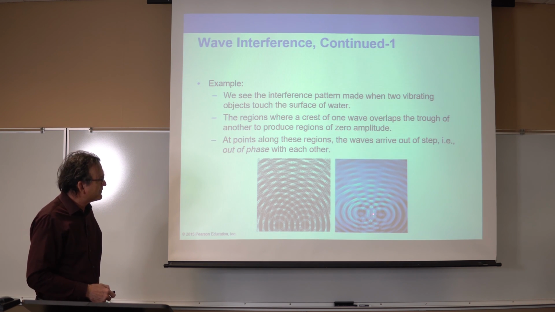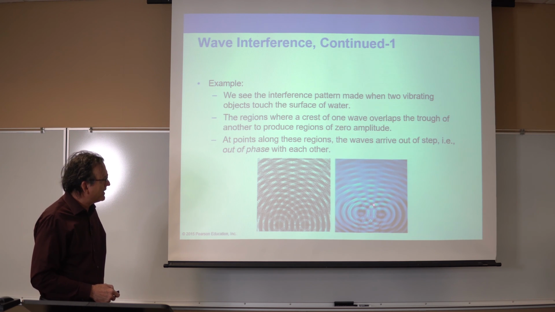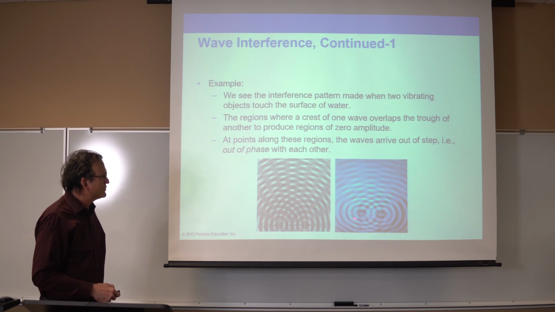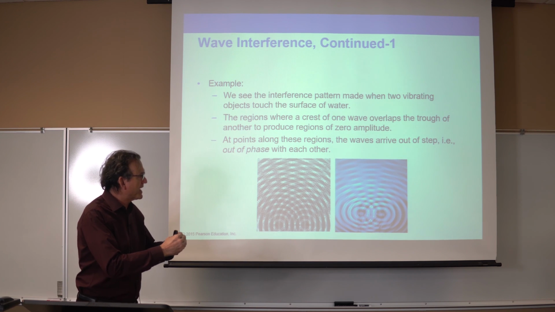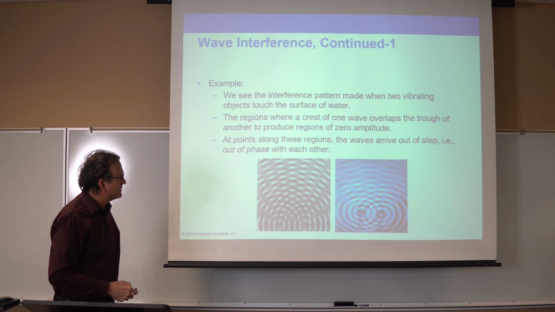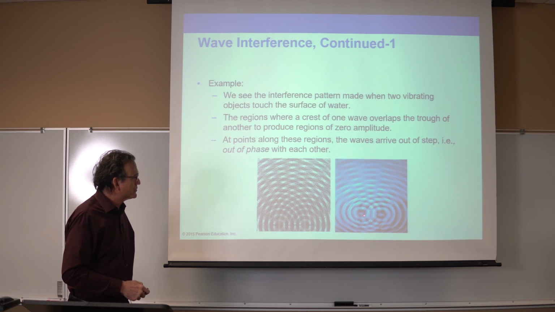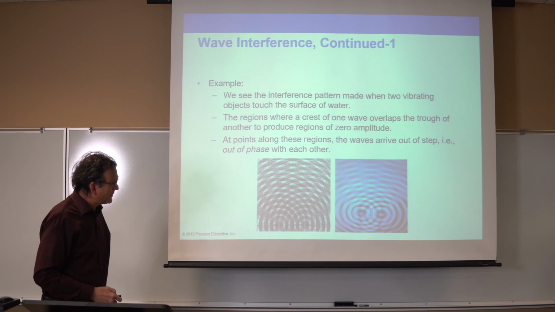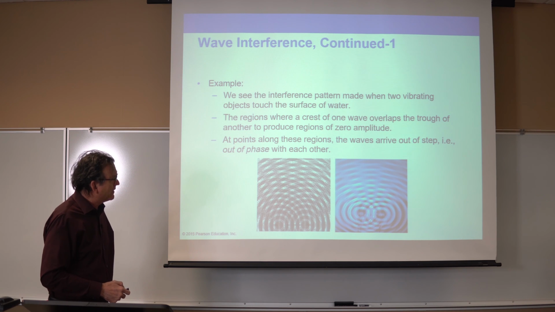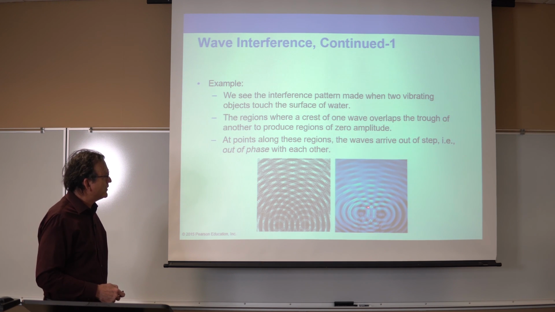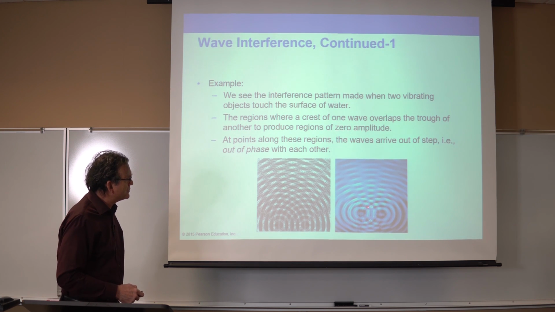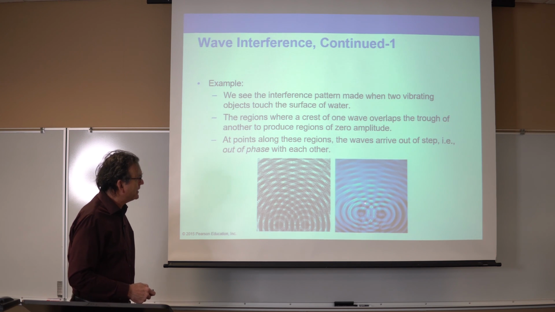But because of interference effects, they may actually arrive at places in between where, for example, if I consider the high blue regions to be the regions where the surface of the water has a maximum crest, and the dark region to be the region of the water that has a trough, then you can see that there will be interference effects where, between the troughs and the crests, the two come together, and they may cancel each other out, which would be the light blue area that I'm pointing to right here.